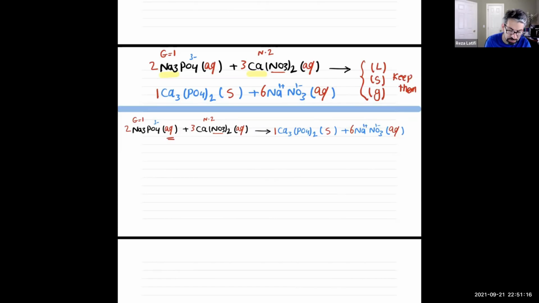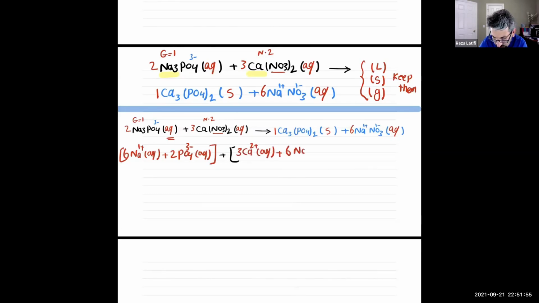I see 2 in front of the first compound, so I will break it into sodium and phosphate ions. 2 multiplied by 3 gives me 6 sodium ions plus 2 phosphate ions. From the second compound, we will have 3 calcium ions plus 6 nitrate ions.